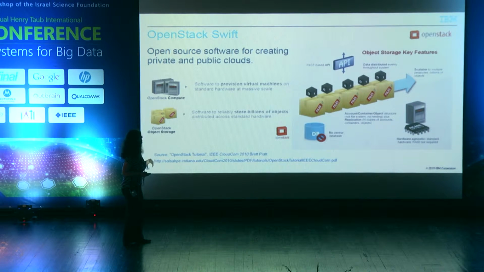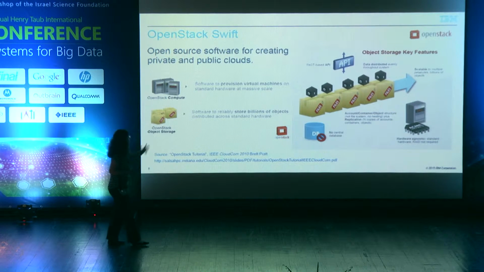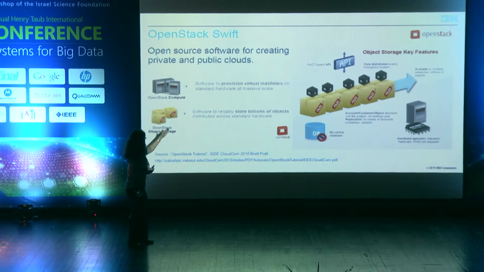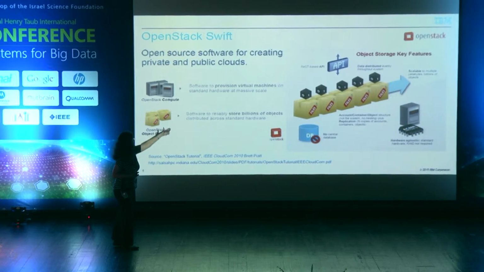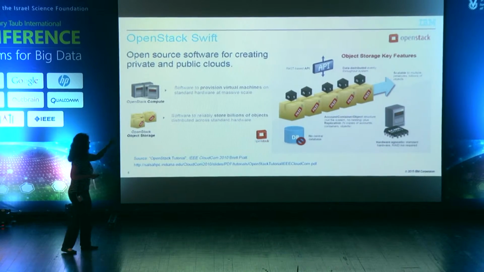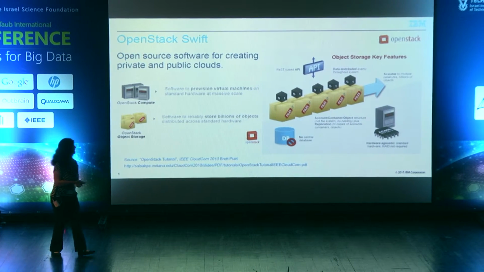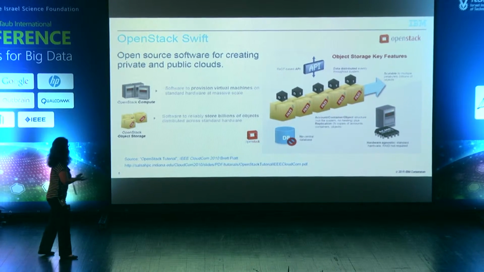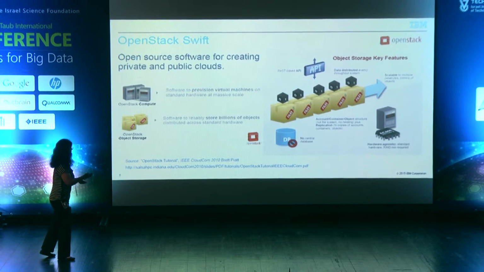It can grow very fast. I mean, in 2010, they discussed multiple petabytes, but of course today it is much more. The structure, as we said, is not like a file system. It has a structure of account, container, and object. And of course, there are replications in case you have some problems, in case you have some damage.